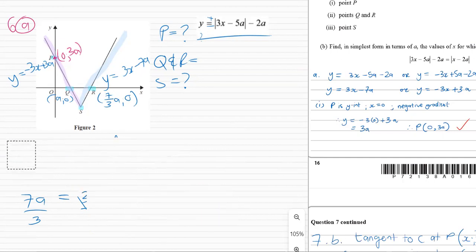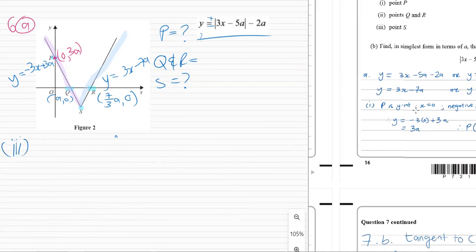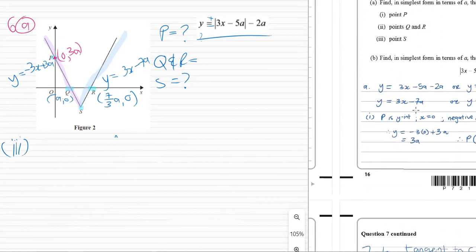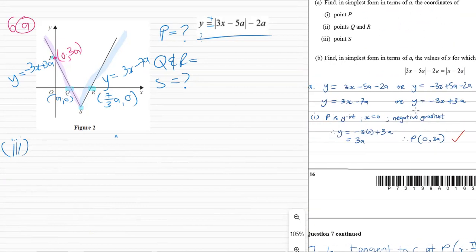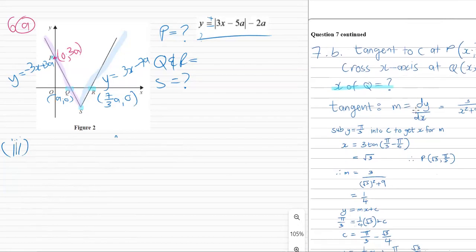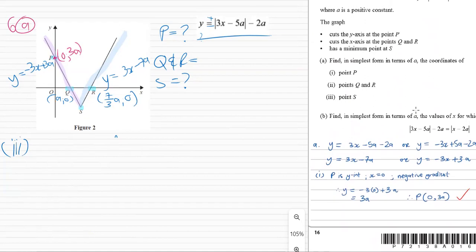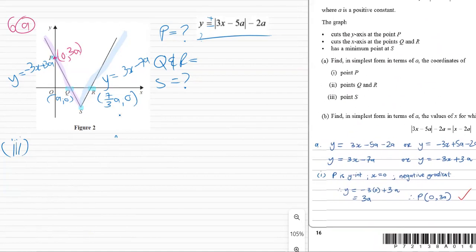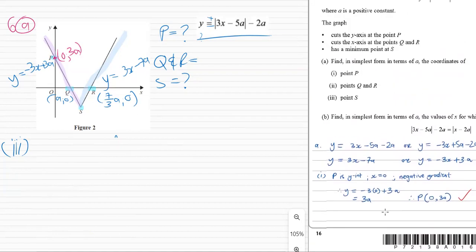Number III wants point S. So point S is the point of intersection between the two lines.